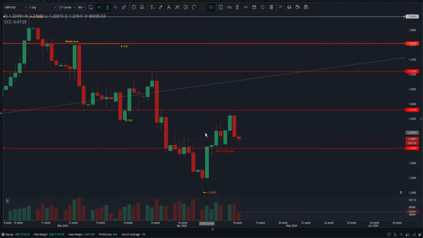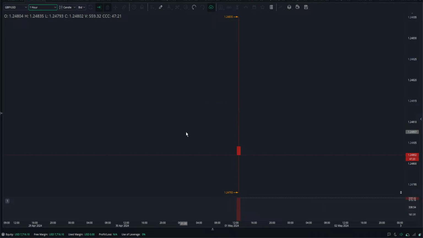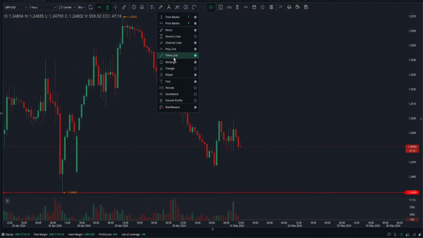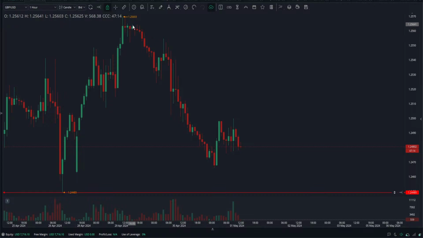So how can you look for the buying opportunities? Well, you can go to the 1 hour time frame. This is a simple process. You don't have to complicate it.